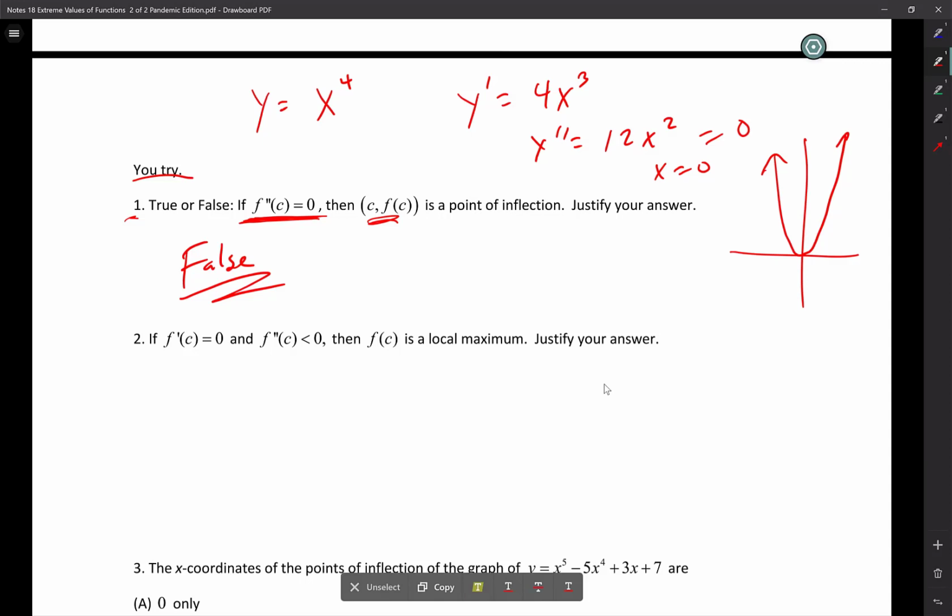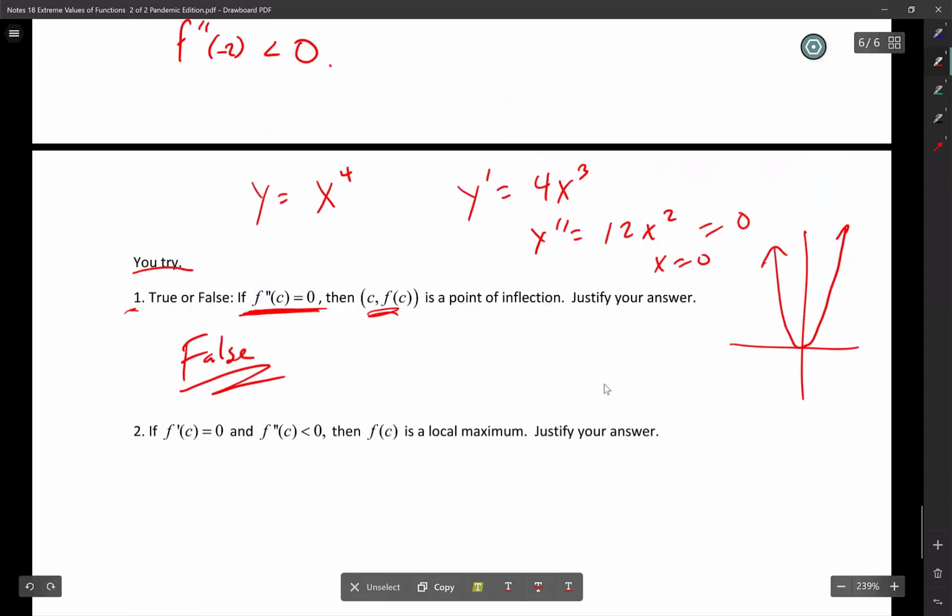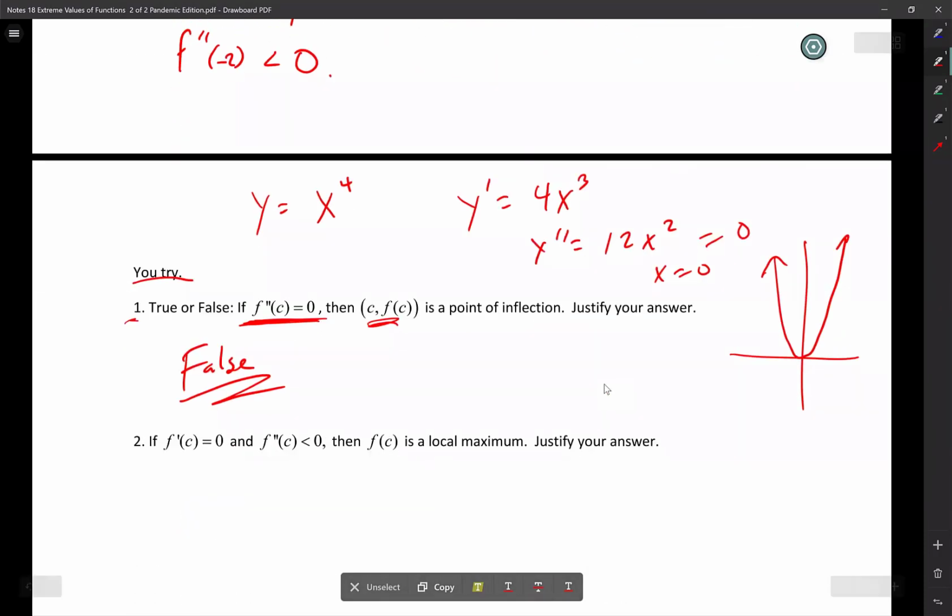So when the second derivative changes signs, it's a point of inflection, but what does that mean? It means that you are changing from concave up to concave down, or concave down to concave up. Remember, if the second derivative is positive, you're concave up. If the second derivative is negative, you're concave down. So if you're changing from concave up to concave down, that's my point of inflection. A point of inflection is this guy right there.